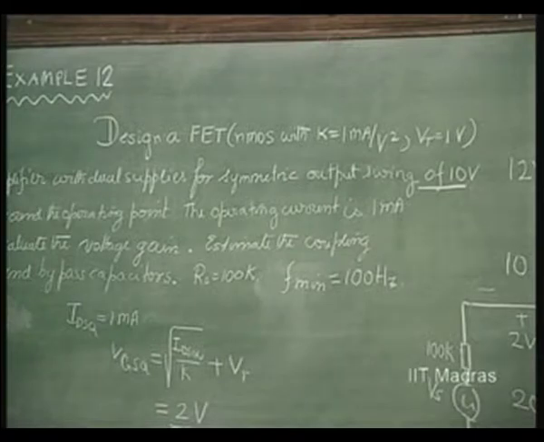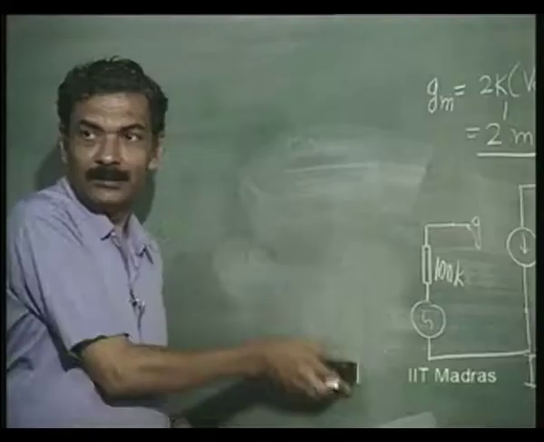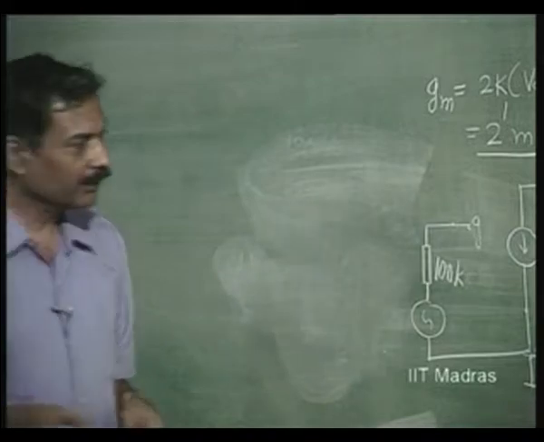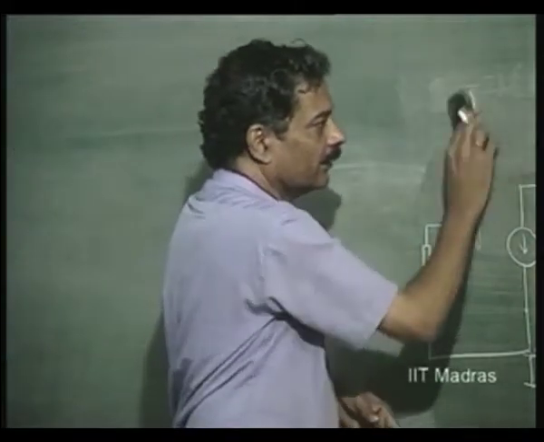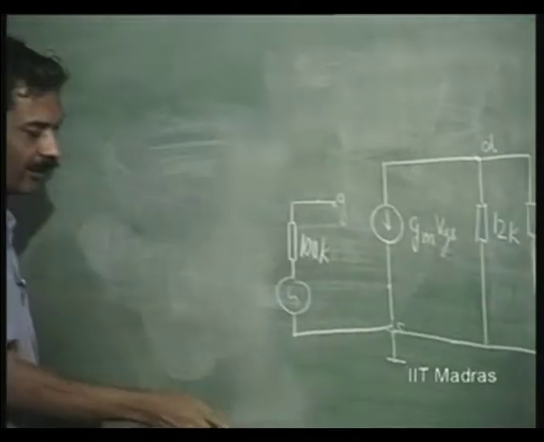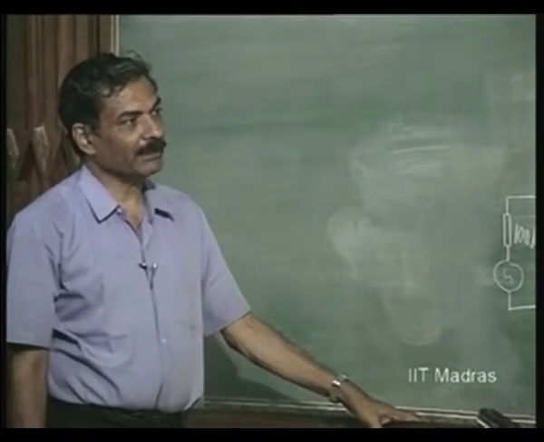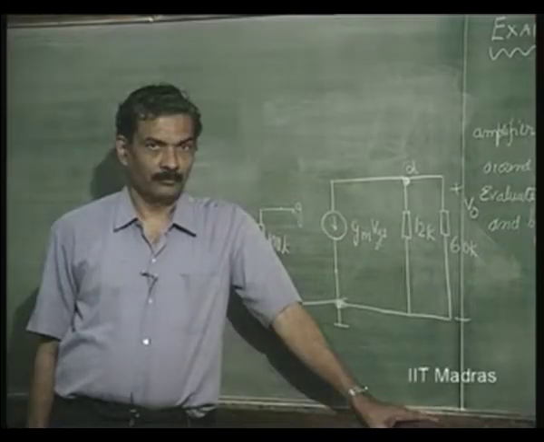Short circuit means we will make the reactance of the capacitor equal to 1/10 the resistance seen from across the capacitor. So this is the guideline for designing it for a specific minimum frequency up to which it has to function satisfactorily.